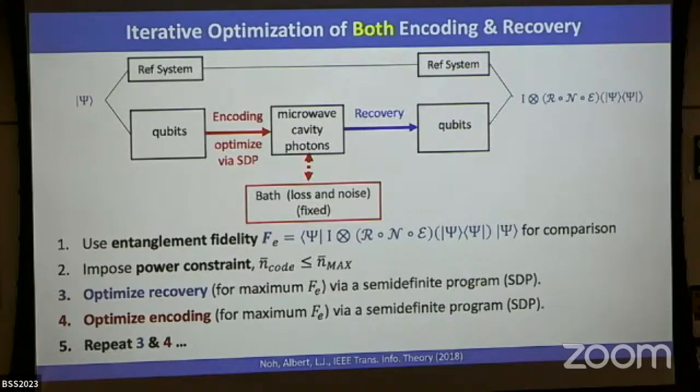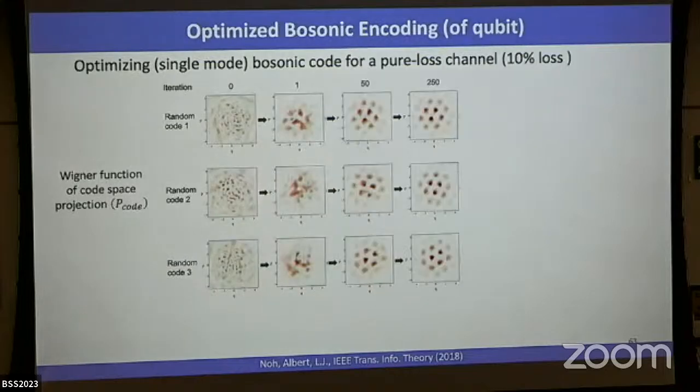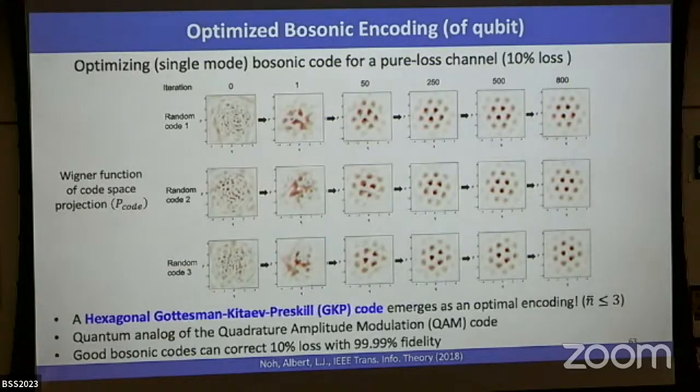Good question. Practically, it's very resource consuming to do this SDP, especially wanting to iterate a few hundred times. So that's why M bar is a bit smaller. But there's some ongoing work where some of my students figured out that you can skip the SDP and just use a particular recovery channel called transpose recovery, which guarantees you'll get close to the optimum solution up to a factor of 2 in the infidelity.